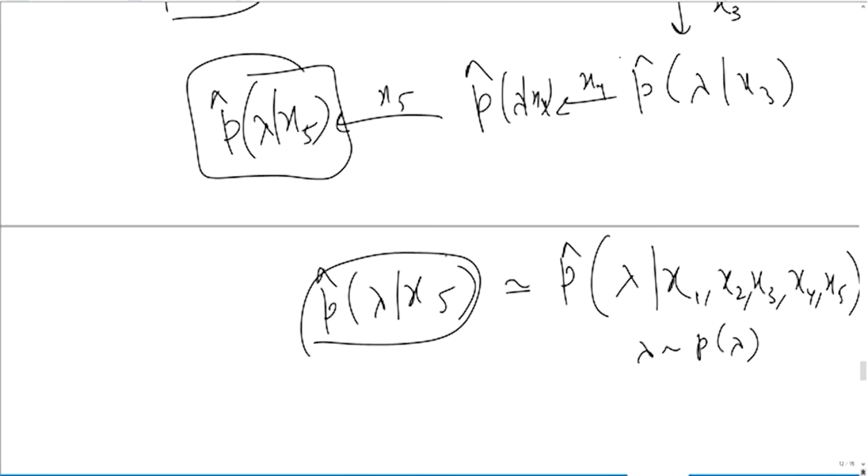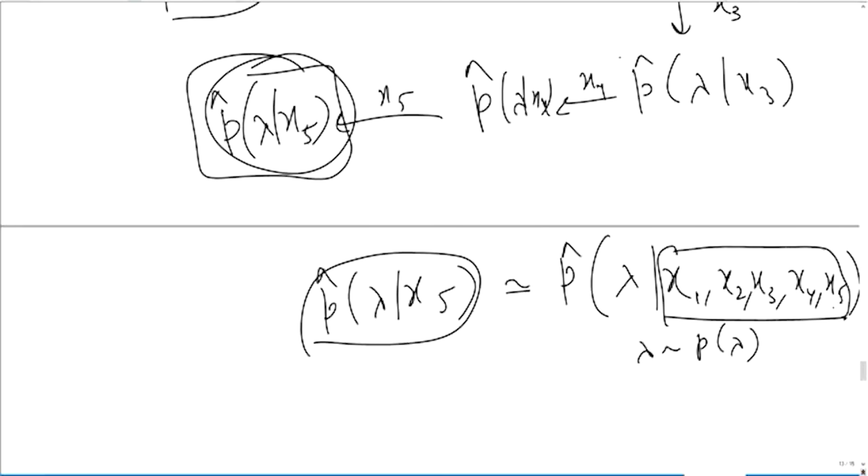So the posterior you get in the end is the same posterior if you combine all these data and calculate a single posterior. All these data points act as a single data set, and this is your prior on lambda. You will arrive at the same posterior.